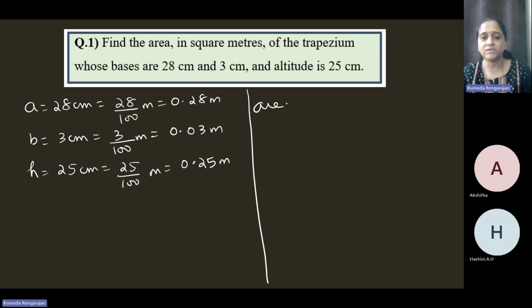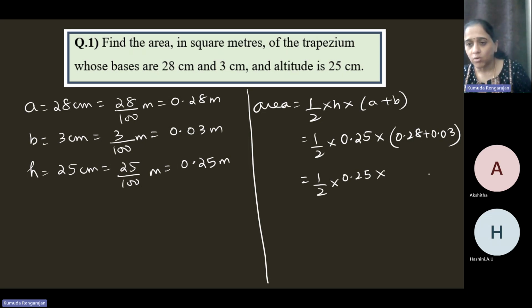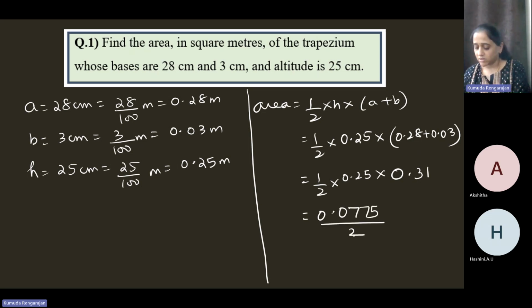Now, area of trapezium is equal to half into H into A plus B. So half into 0.25 into 0.28 plus 0.03, which is 0.31. Multiply 0.25 and 0.31, you get 0.0775 divided by 2, which is 0.03875 meters square.